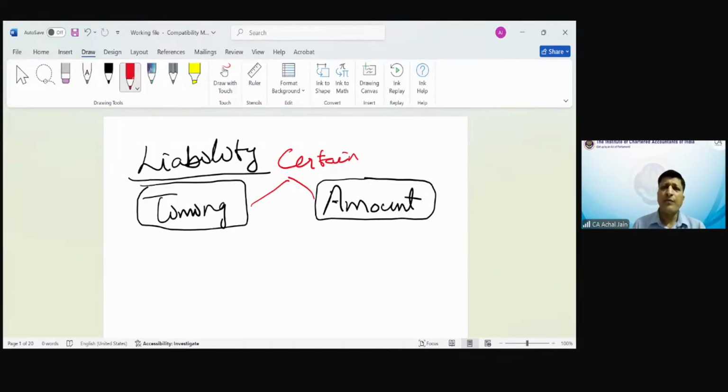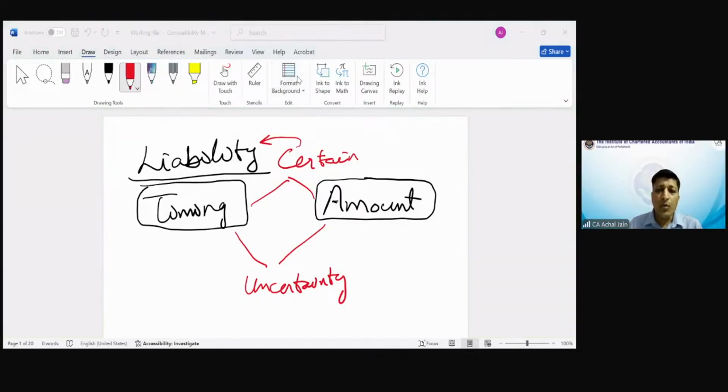It could be 1 lakh, it could be 1,10,000, it could be 95,000. So what do you call that situation? You will call that uncertainty. Yes or no? So in respect of either of them, or maybe both of them, there is uncertainty.